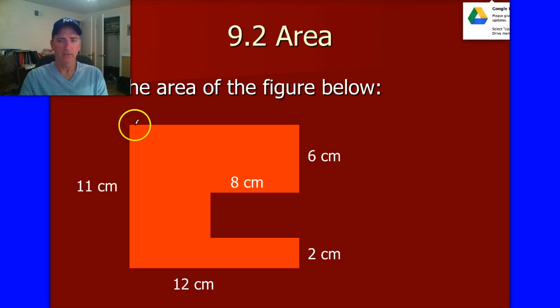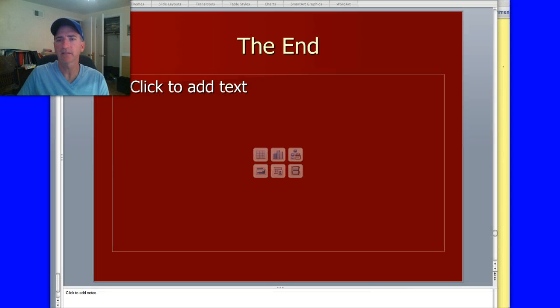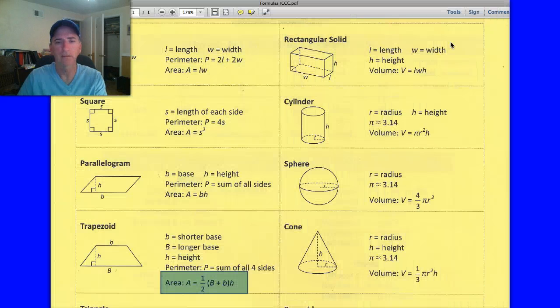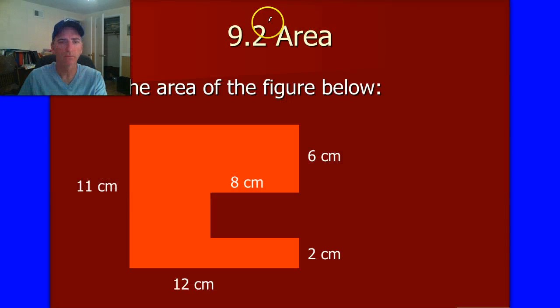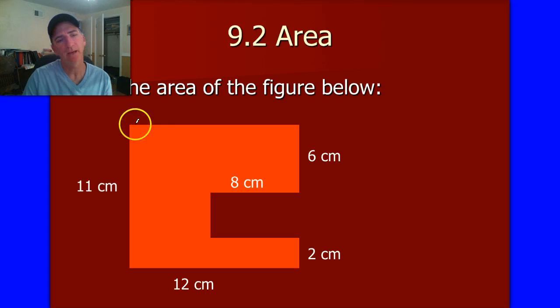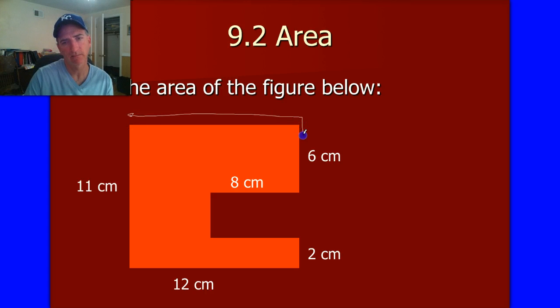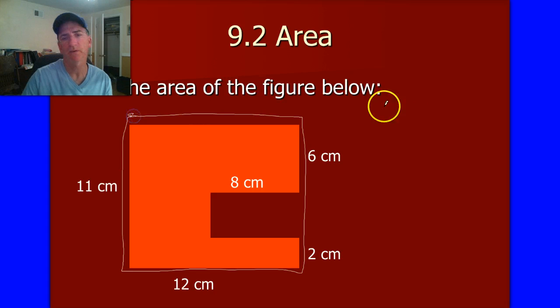Another way to look at this problem would be to consider if you have one giant rectangle like this. If you find the area of that, I'll call that the large area.